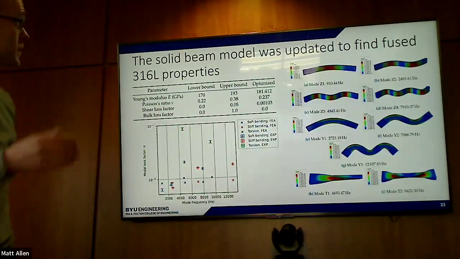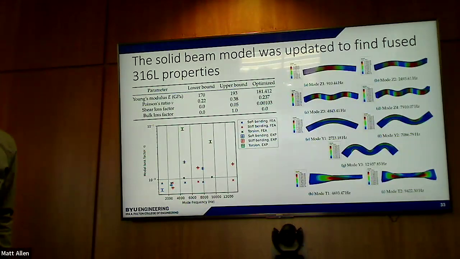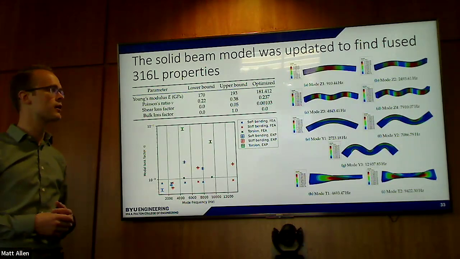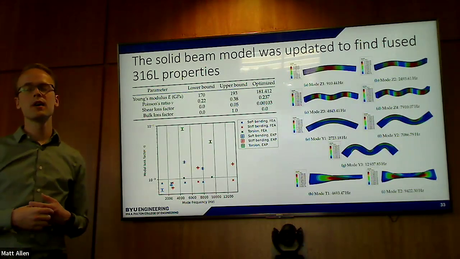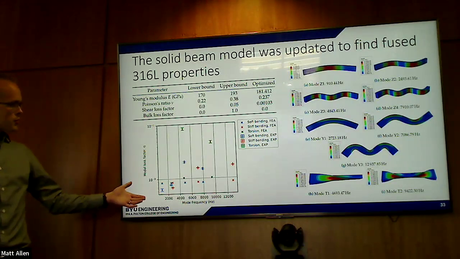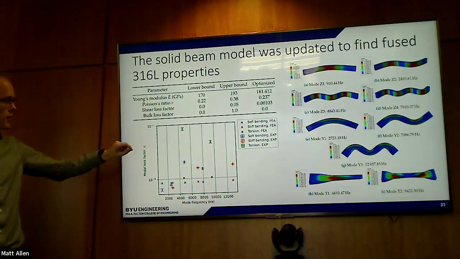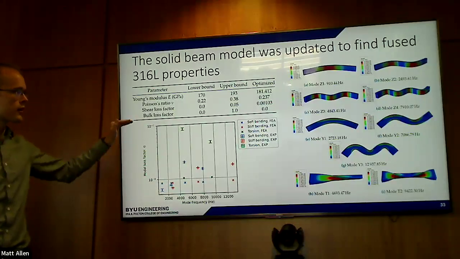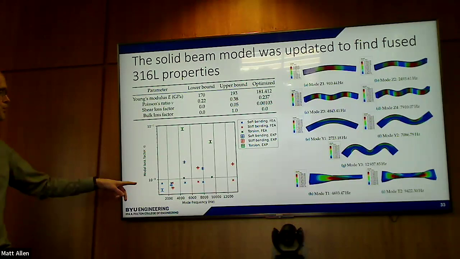And first, what we did actually was to update a model of the fully fused beam that didn't have a powder pocket, just to get a better idea of the material properties of the fused powder. What this graph is showing, we're going to see more graphs like this. On the x-axis is the frequency of the mode, and the y-axis is the loss factor, or 2 times the damping ratio.